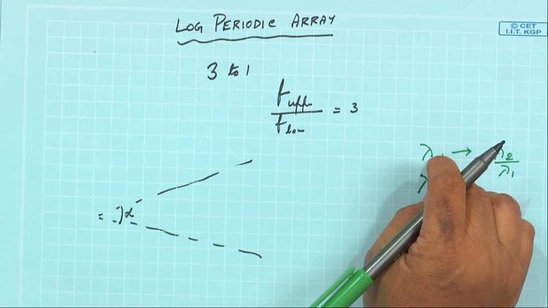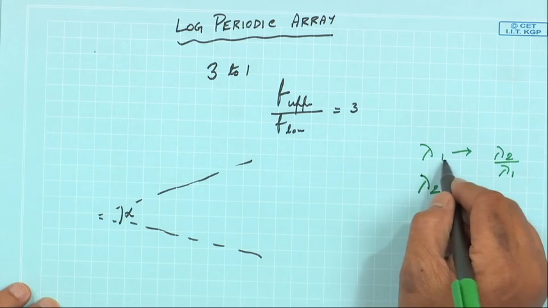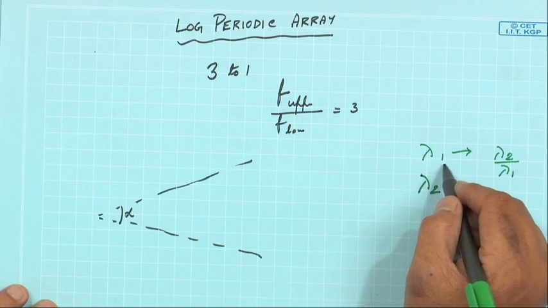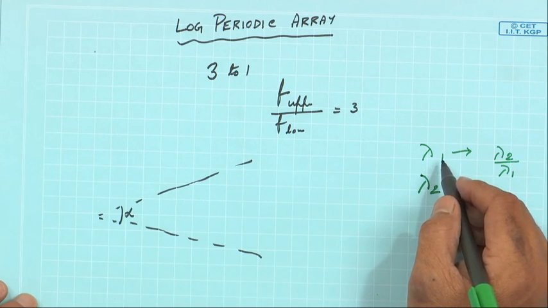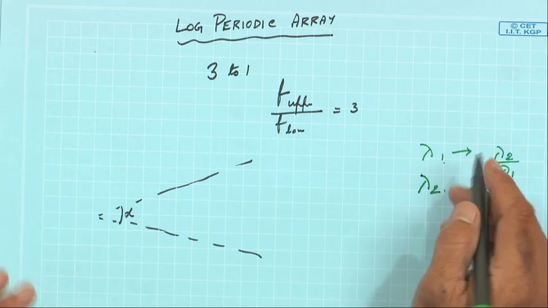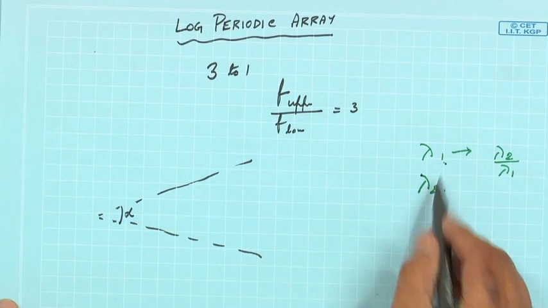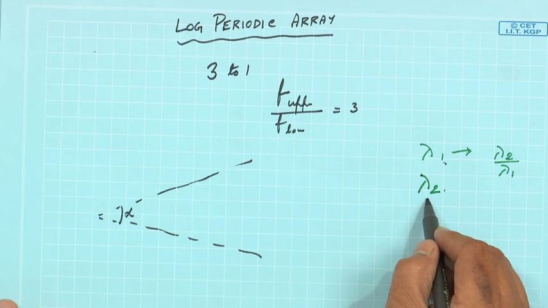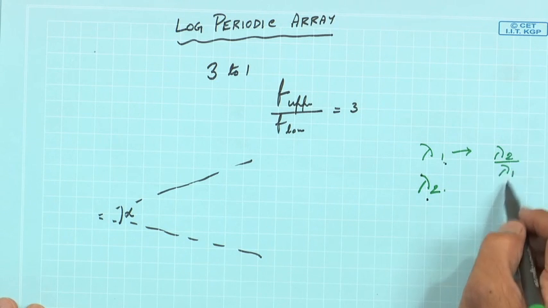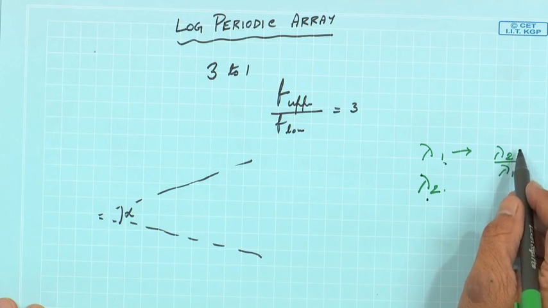Suppose one antenna operates over a certain wavelength, let us say 3 meter. Now, the same antenna can work at a 2 meter wavelength if I scale its dimension by a factor of 2 by 3.